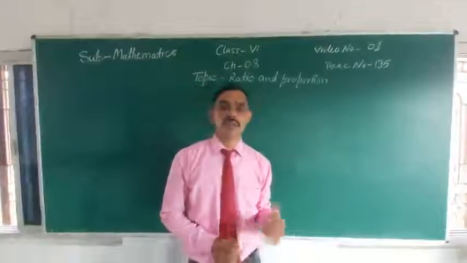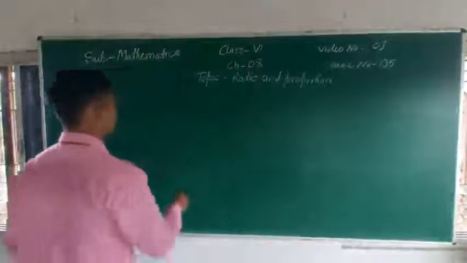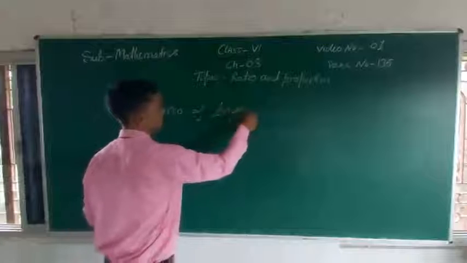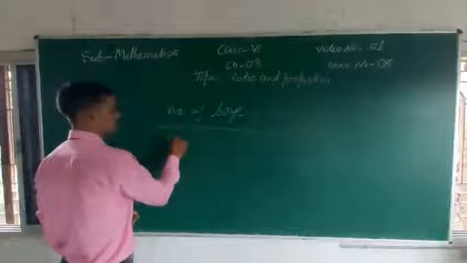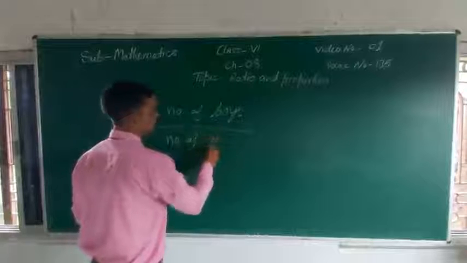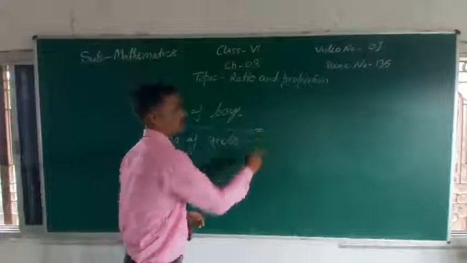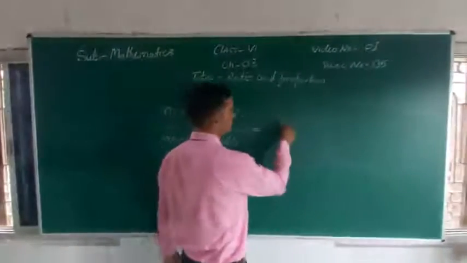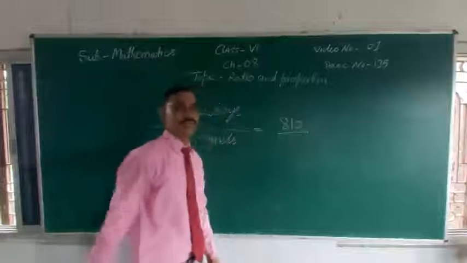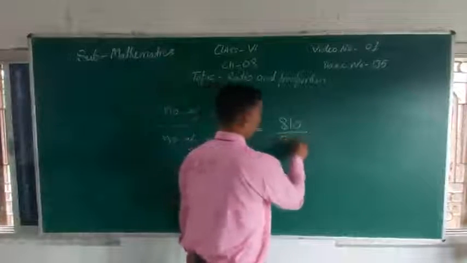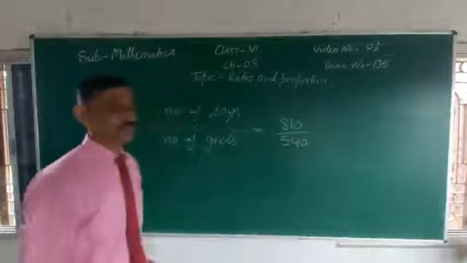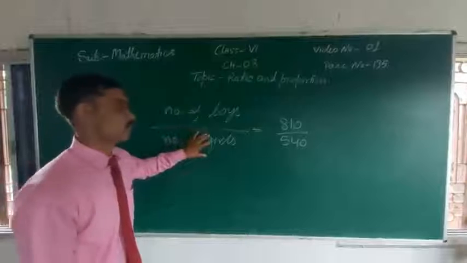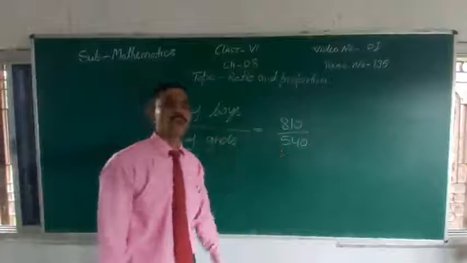Simply we will write like this: number of boys upon number of girls, that is equal to 810 boys and 540 girls. So the ratio of boys to girls is 810 upon 540.